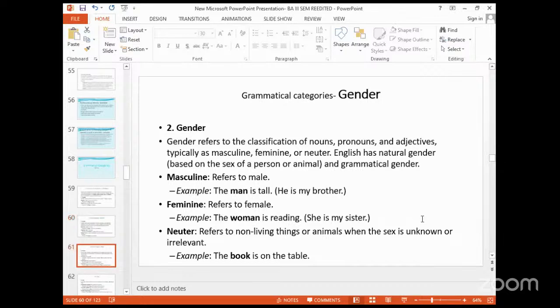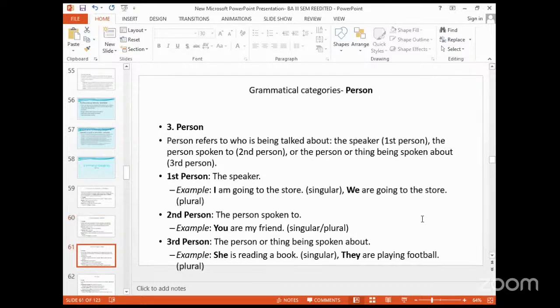This is one grammatical category, and then next is person. That is the first person, second person, and third person. Now, this grammatical category of person is significant in distinguishing personal pronouns in English. Now, this category of person differentiates the different actors in a conversation.